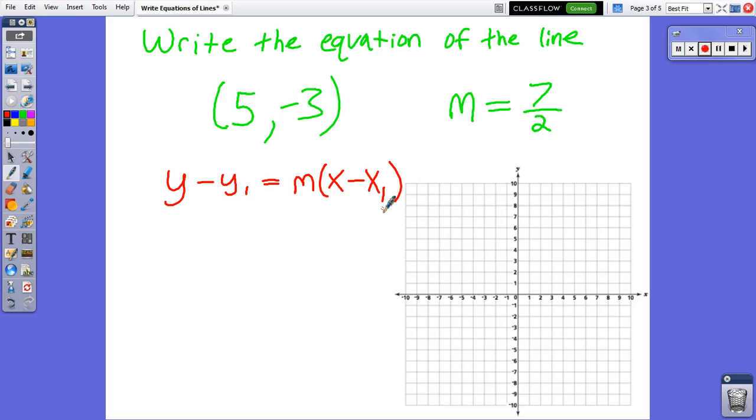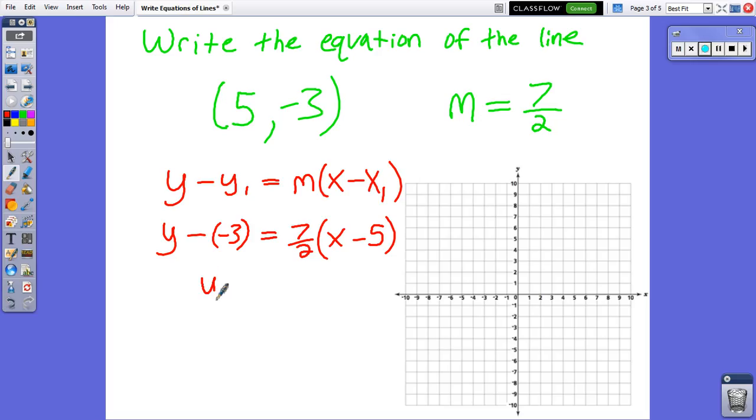Again, all we have to do here is insert the pieces. So we have y minus the y value. The y value is negative 3, so we have minus negative 3 here. m is the slope, which is 7/2. And then we get x minus the x value. The x value is 5. So that is an equation of the line.